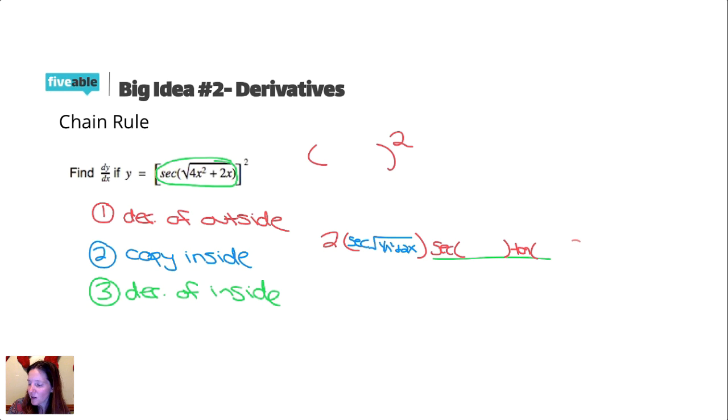So our inside is square root of 4x squared plus 2x. Sorry, there's a delay again. But that's the copy the inside part. And then we get to step number 3, which is derivative of the inside.